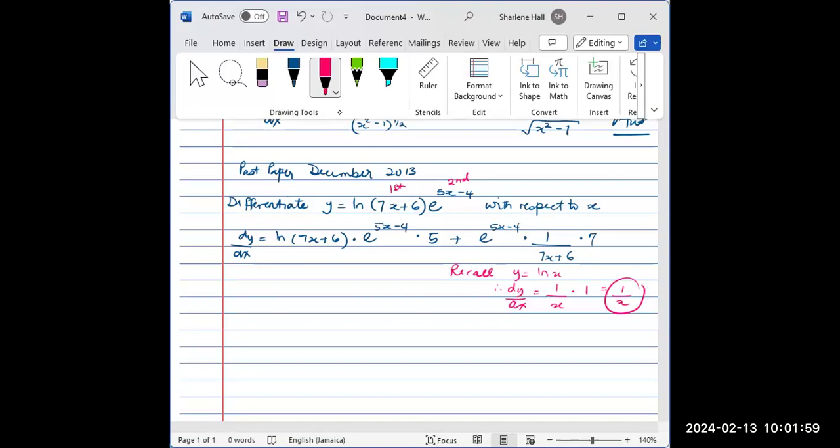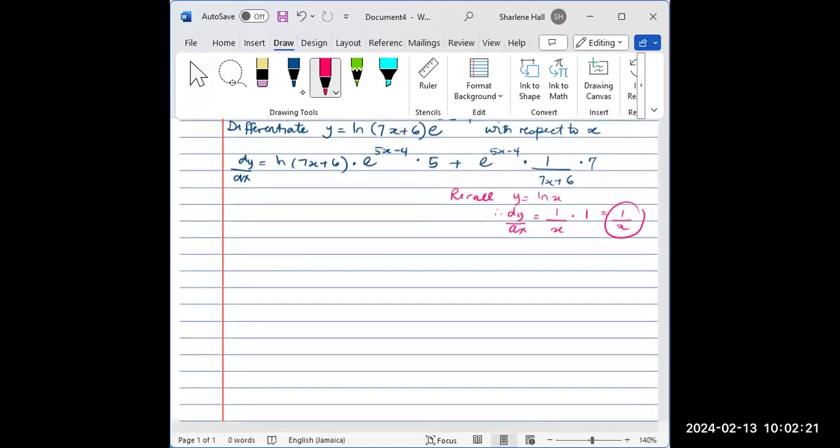So that's why ln(7x minus 6) is going to be 1 over the function, 1 over 7x minus 6, times the differential of 7x minus 6, which is 7. And that's how I get the 7 right there.